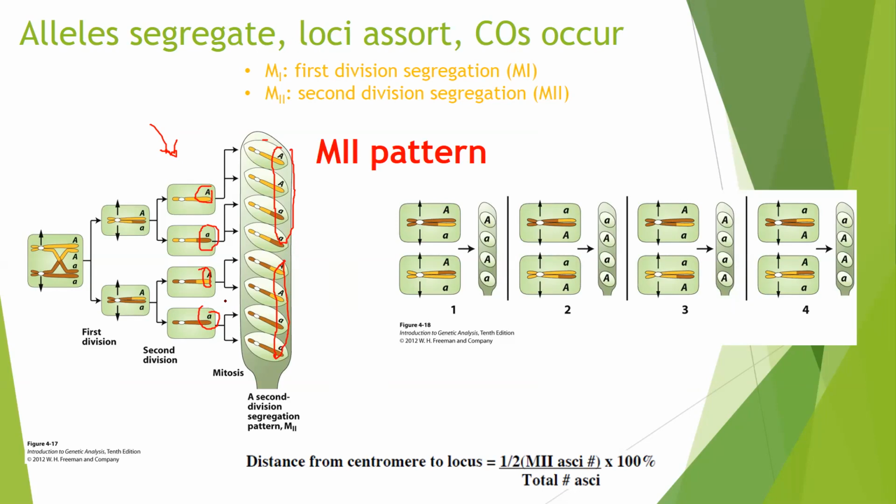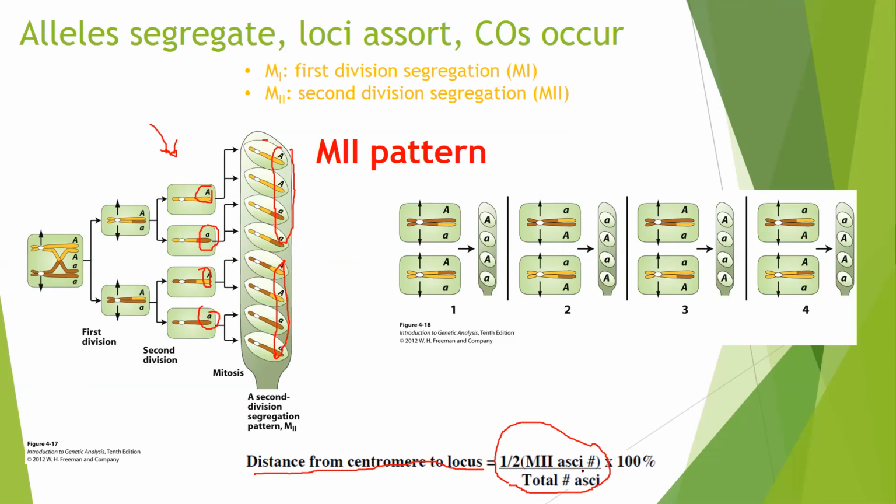We can use the same principle. The distance from the centromere to a locus, to a gene, will be calculated in a very similar way. We still use a ratio. Previously we learned how to calculate the recombination frequency using a ratio. Here it's the same.